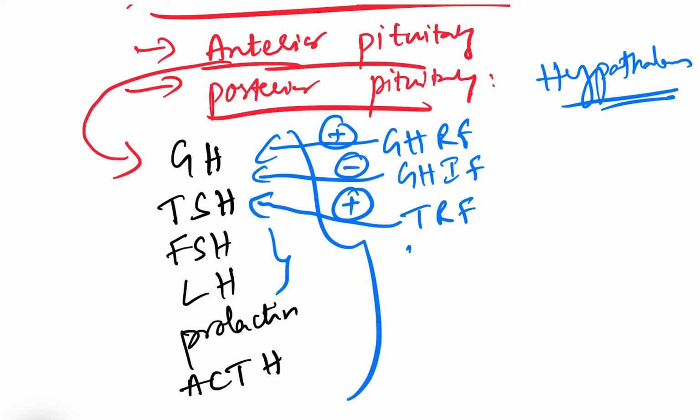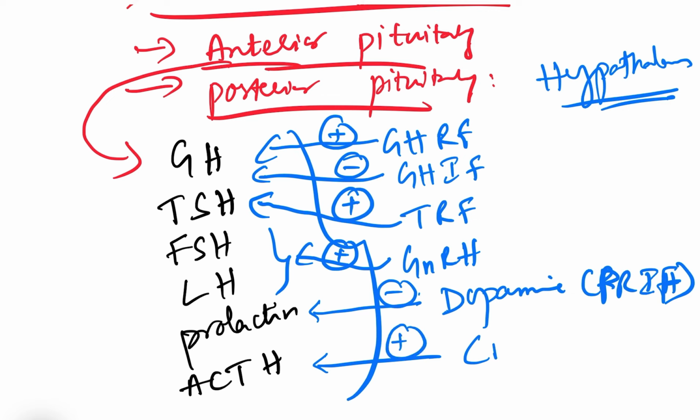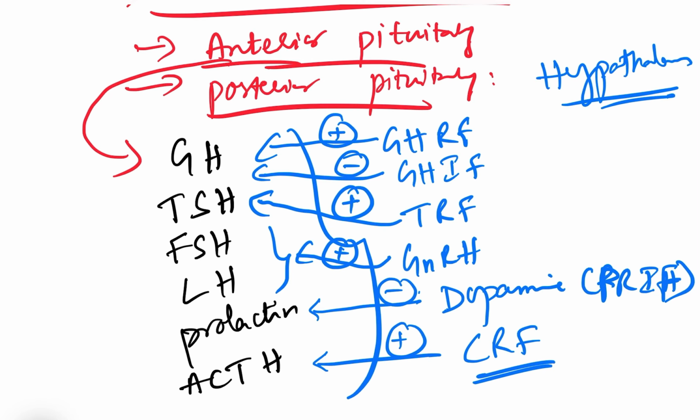Then we have already discussed gonadotrophin releasing hormone, which stimulates the release of FSH and LH. Prolactin, very important, has an inhibitory hormone, known as dopamine. So basically it is prolactin inhibitory factor. Again ACTH is controlled by corticotrophin releasing hormone, CRF, that will control the adrenocorticotrophic hormone, which ultimately controls the secretion from the adrenal cortex or medulla, that is the adrenal gland.